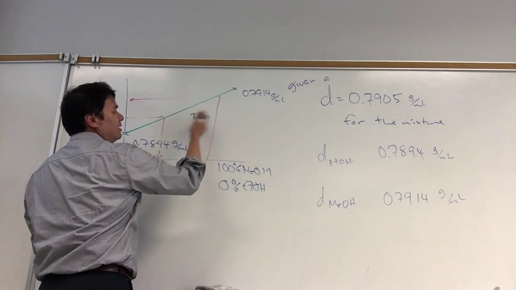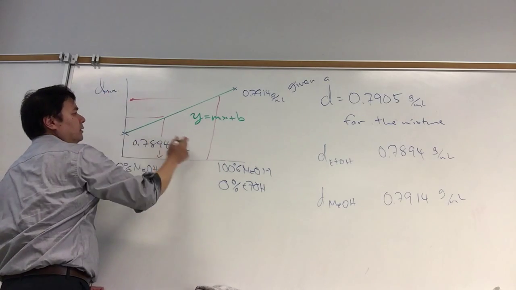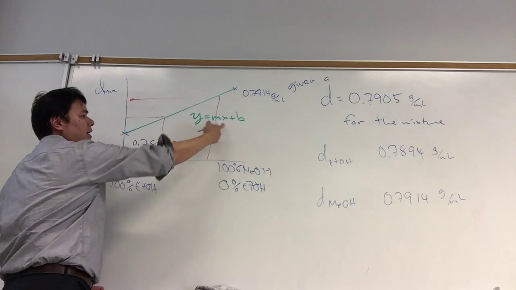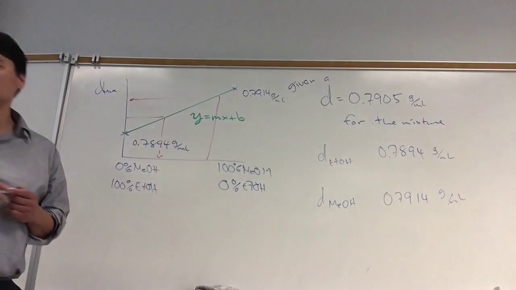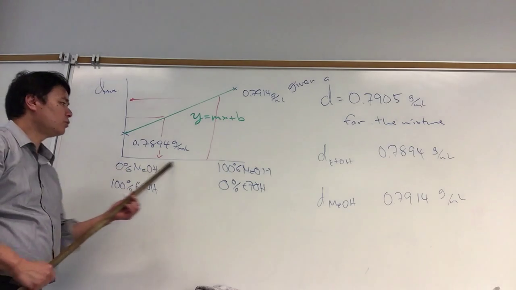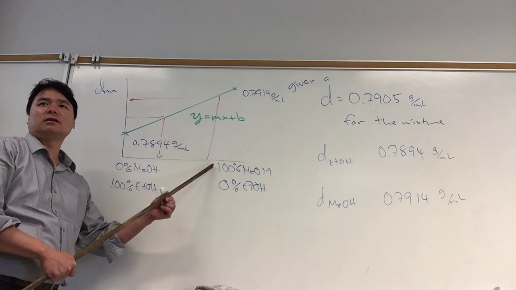Well, it's simple. It's a linear function. y is equal to mx plus b, where y is the density of the mixture, x is percent methanol. Why did I pick percent methanol rather than percent ethanol? Why didn't I go from 0% ethanol to 100% ethanol? Why did I pick methanol?